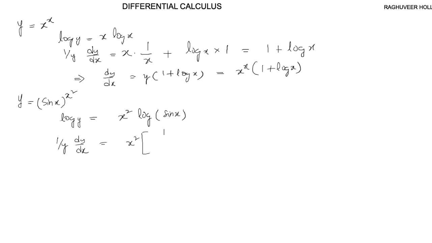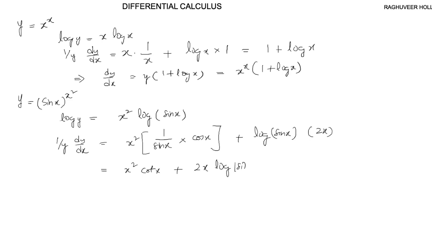Differentiation of log sine x would be 1 by sine x multiplied cos x, because differentiation of sine x is cos x. Okay, and then plus log of sine x, and this will be 2x. Okay, so we get this as x square cot x plus 2x log of sine x, right?